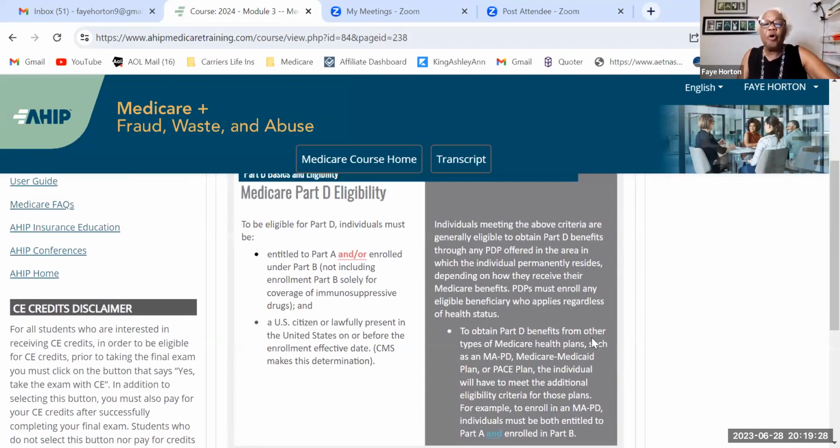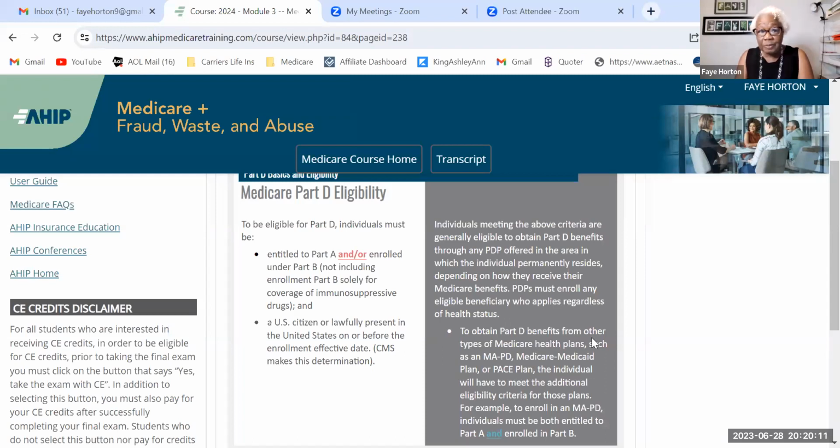To become eligible for a Medicare Part D plan, an individual must be entitled to Part A and/or enrolled under Part B. So unlike eligibility for a Medicare Advantage plan, for a prescription drug plan, they could have only Part A or only Part B. They must be a United States citizen or lawfully present in the United States on or before the enrollment effective date.